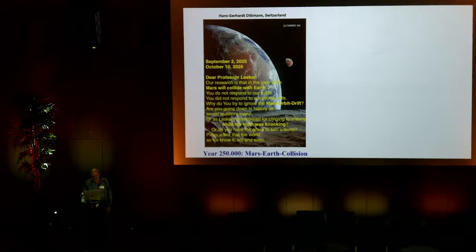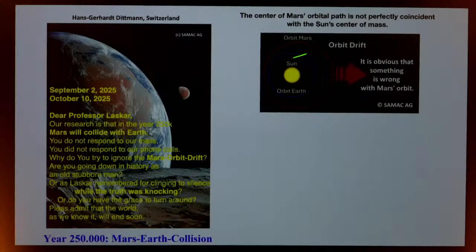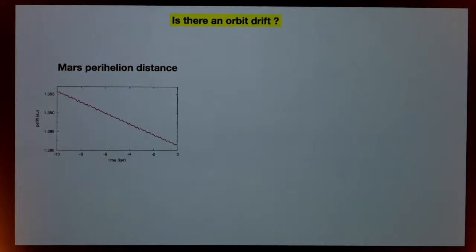So what he observed is that the orbit of Mars is eccentric, basically, and the center is not at the sun. And there are about 29 pages of completely non-understandable material. But basically, he looks at the evolution of the Mars perihelion distance. He looks only over a few years, only with the JPL ephemeris, but here it is over 10,000 years.